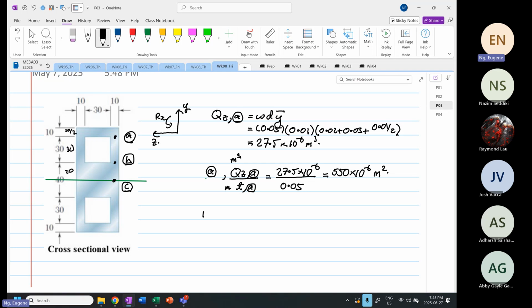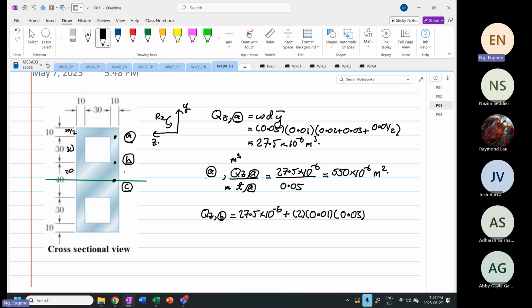So the next one at point B, right? So point B, we are going to look at QZ at point B, which will be equal to 27.5 times 10 to the power minus 6 plus twice. Now the width is equal to 0.01, right? And the depth is equal to 0.03, right?